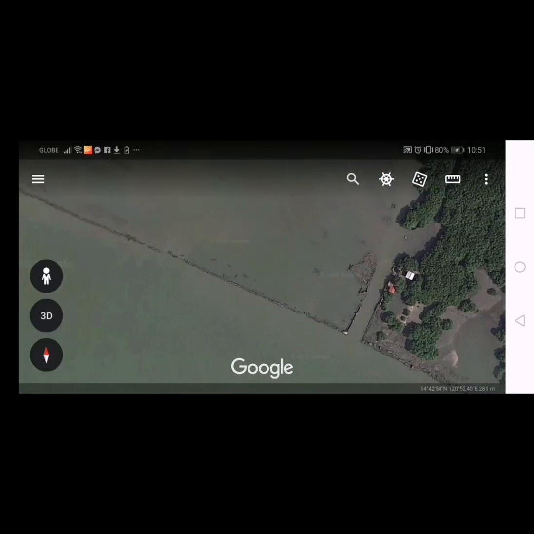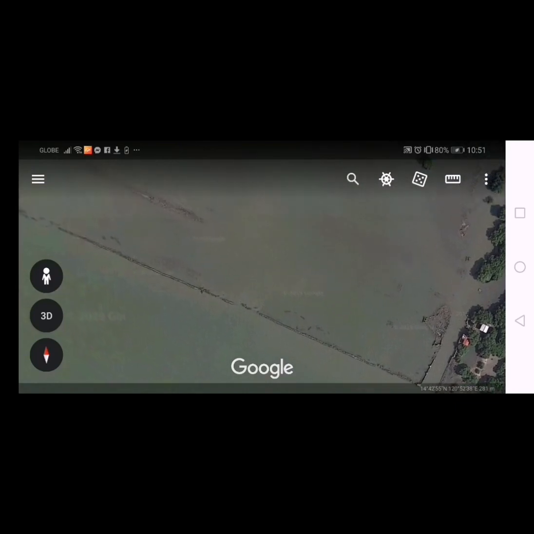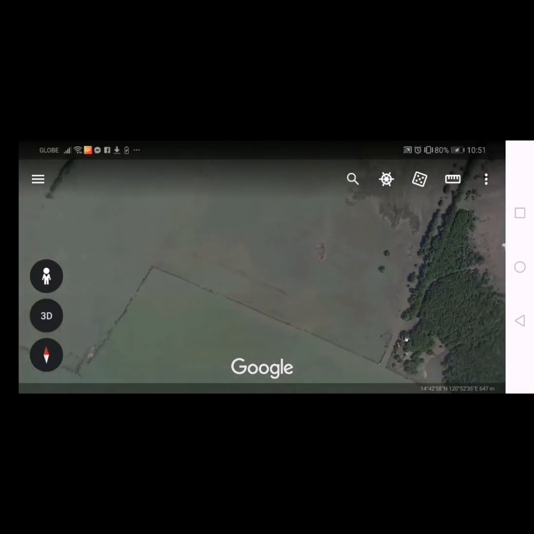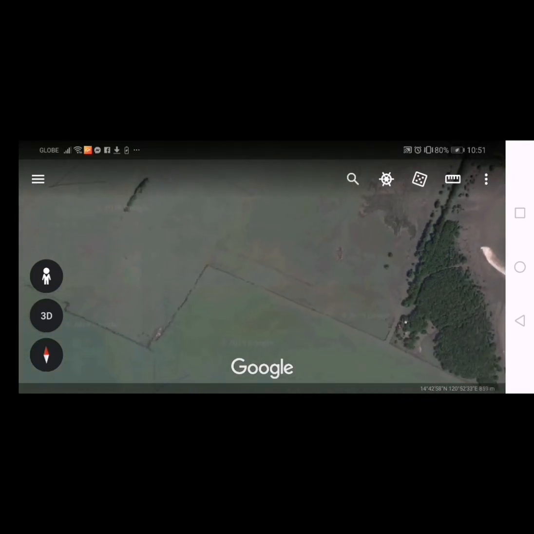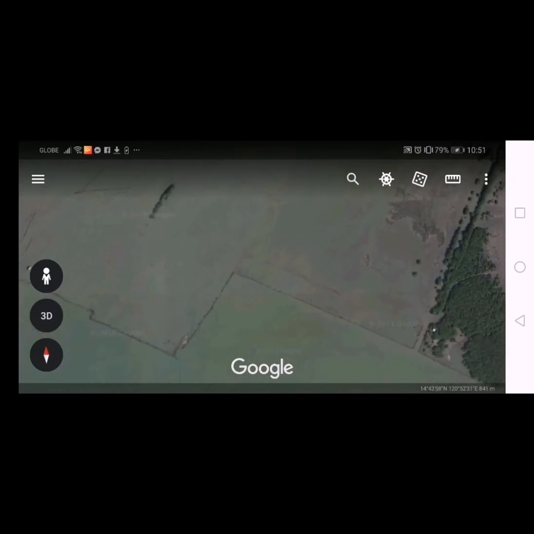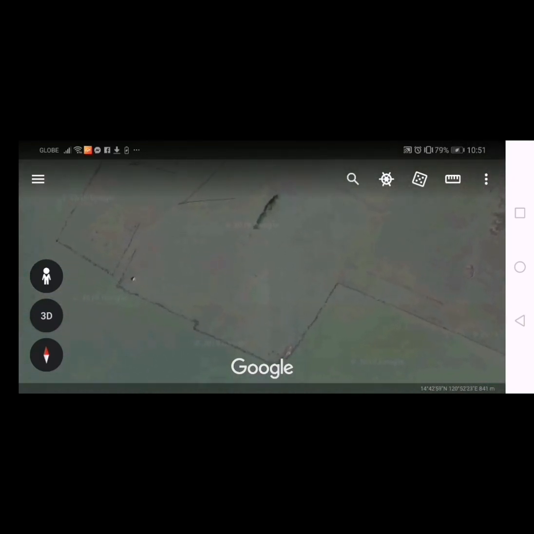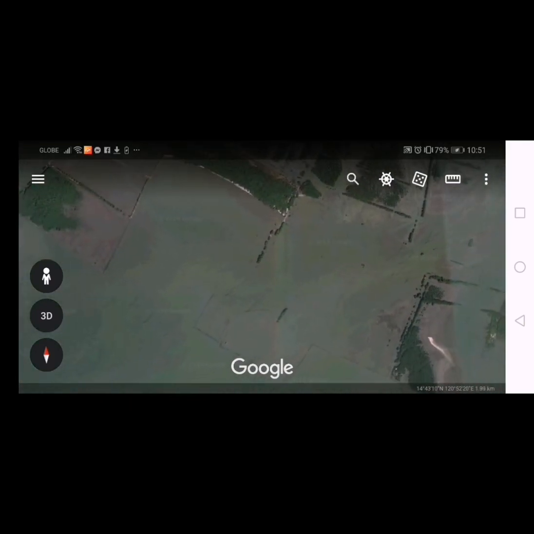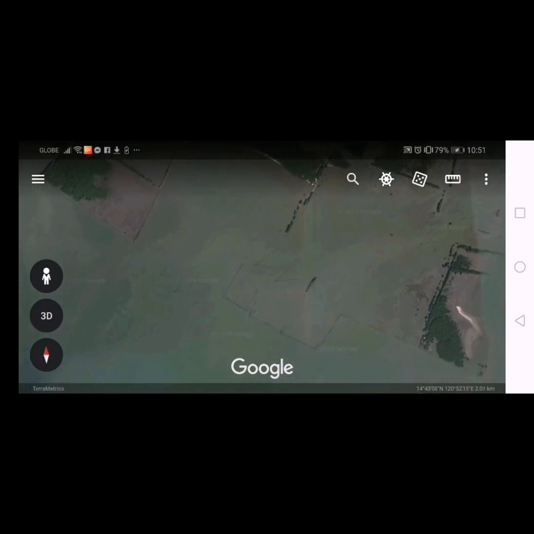Look at the size of these walls. If you look at it on Google Earth, it looks small, or not massive at all. But when you're actually stepping on top of one of the walls, you would see how massive it is.